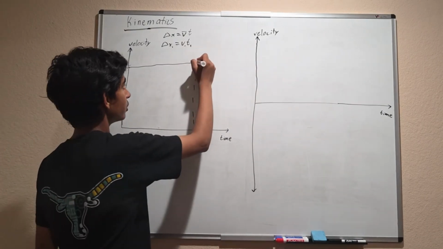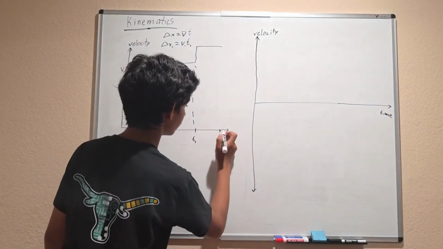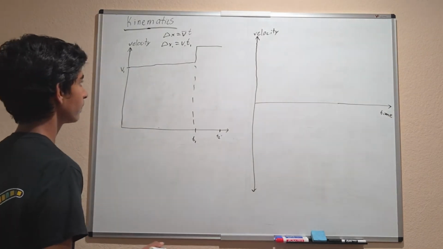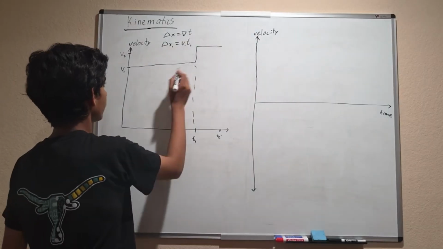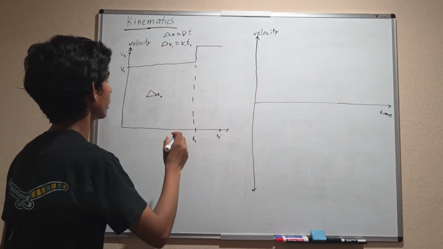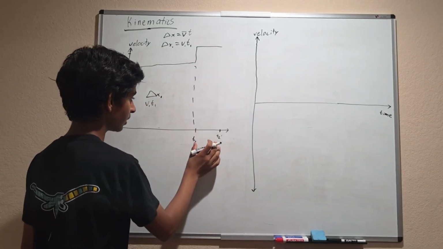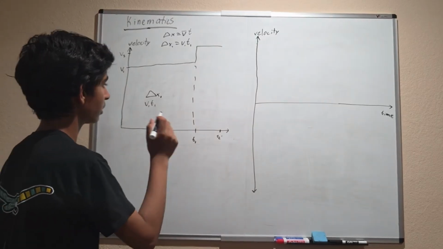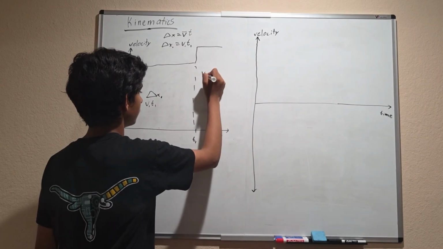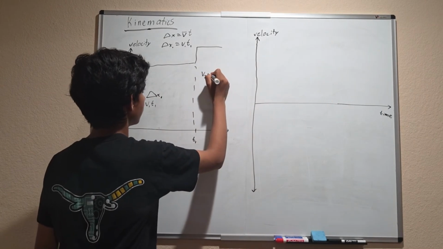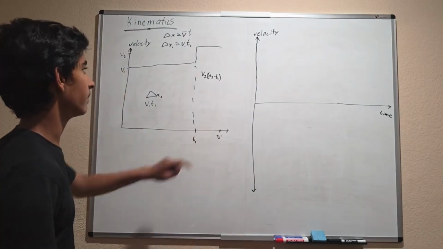And even if we jump up like this to t2, and this is v2, then we still know that this is delta x1, or v1 t1, and from the time interval t1 to t2, the object goes at a displacement of v2 times t2 minus t1, because we want the change in time.